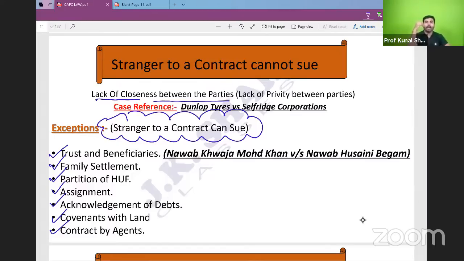Yes, and I am acting as a promisee. It is the obligation of JK Shah sir to pay me 10 crores. Then it means it is my right to recover 10 crore rupees from JK Shah sir.